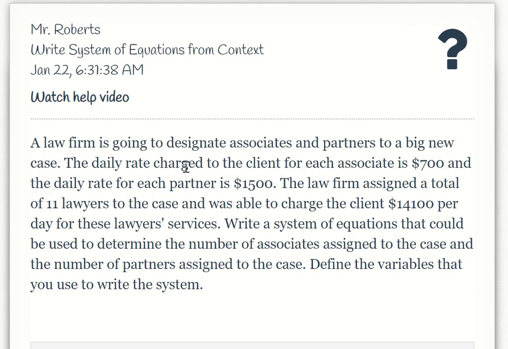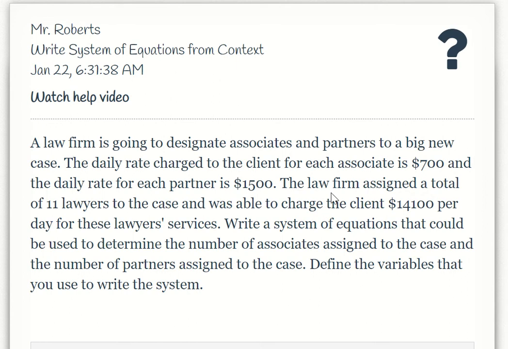So a law firm is going to designate associates and partners to a big new case. The daily rate charge to the client for each associate is $700.